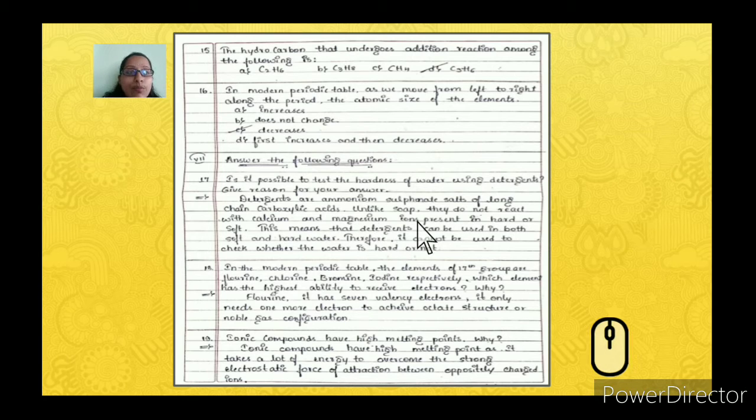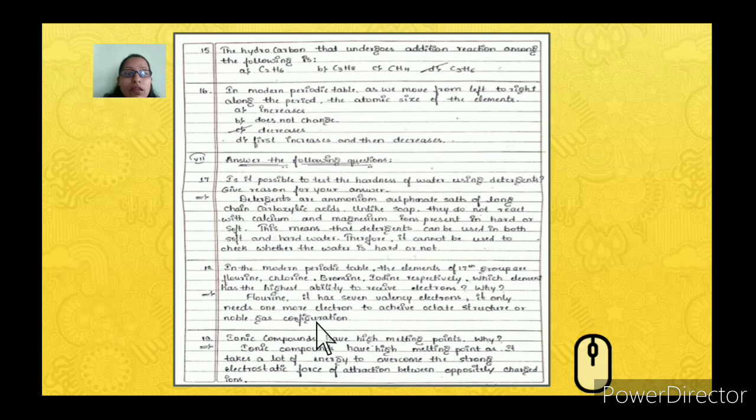Unlike soaps, which react with calcium and magnesium ions, detergents do not react with the calcium and magnesium present in hard water. This means detergents can be used in both hard and soft water. Therefore, they cannot be used to check whether water is hard or not. So we cannot use detergent to test the hardness of water.